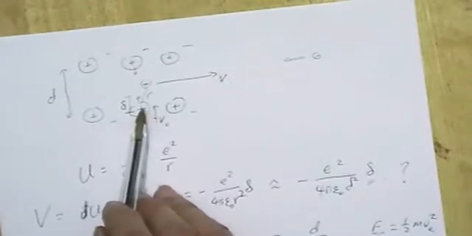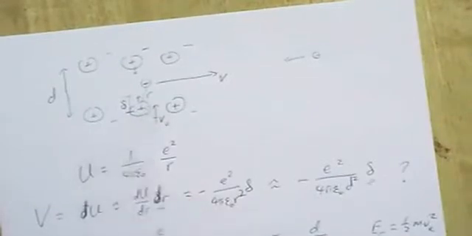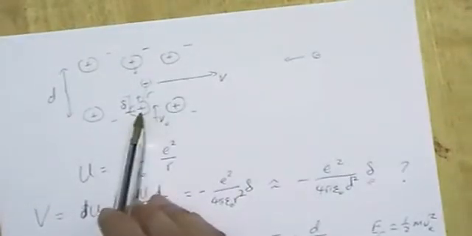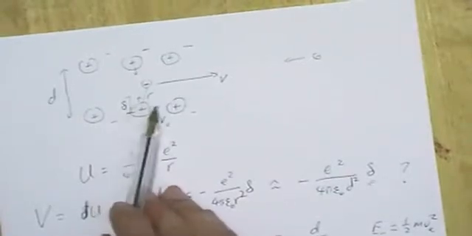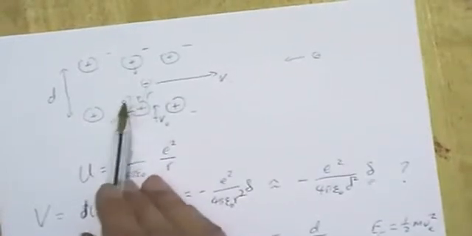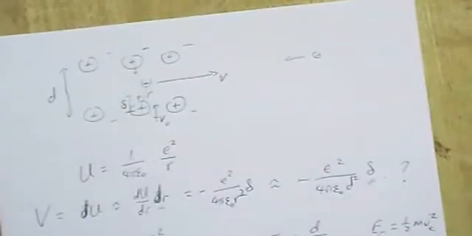If that's the case, then we are looking at possibly some kind of simple harmonic motion. So if we know the starting velocity, we might be able to find this maximum displacement, which is the delta.